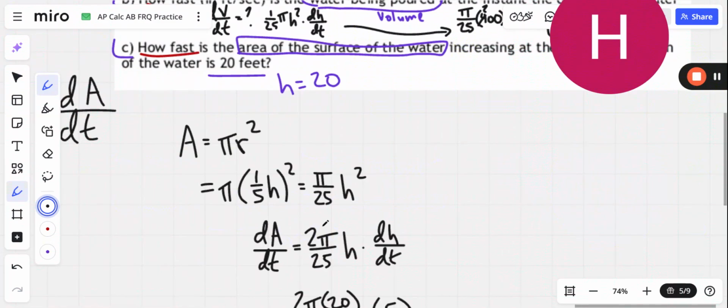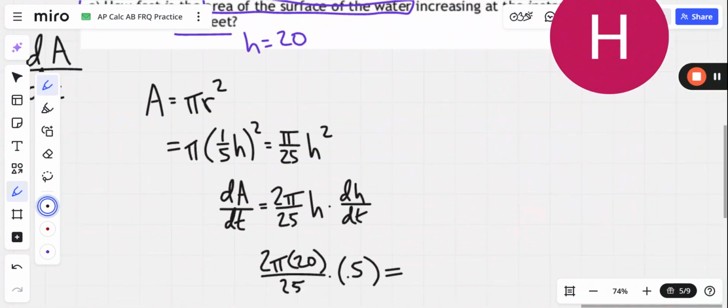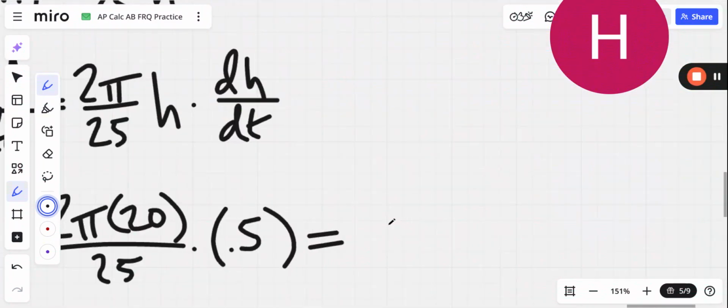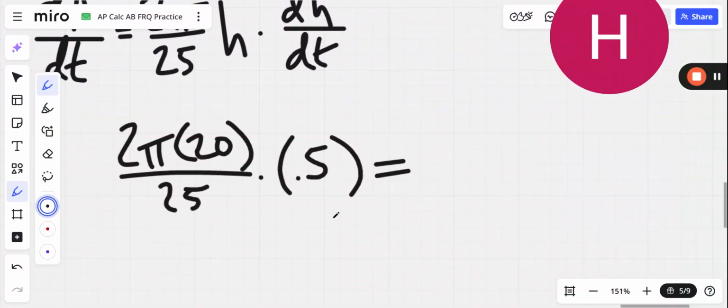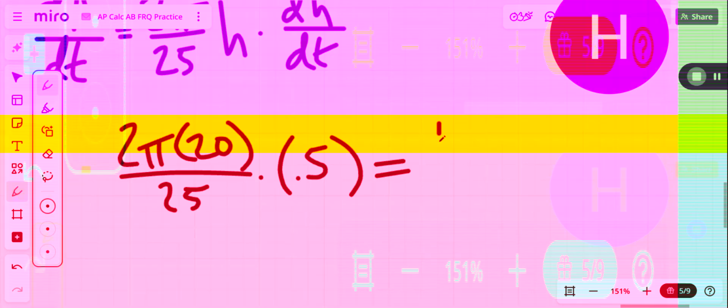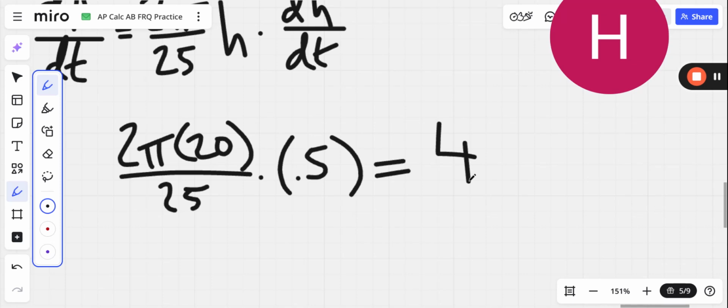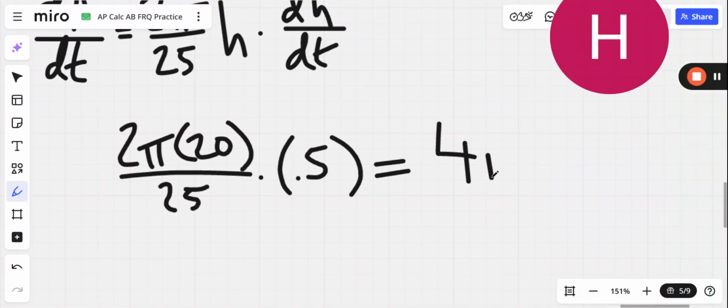These are all the kinds of steps you'll have to do. We're just doing it with nicer, easier numbers so that I can do these things basically in my head. So we have 4 pi over 5.